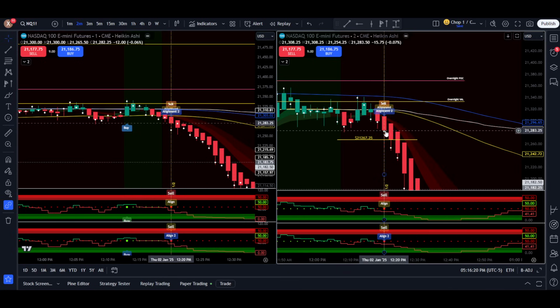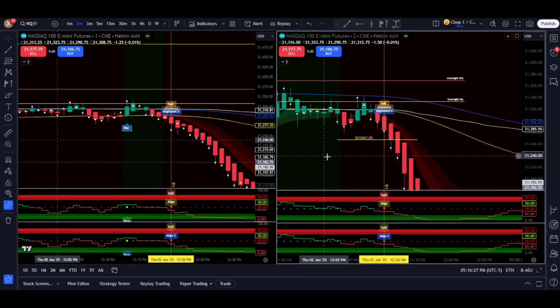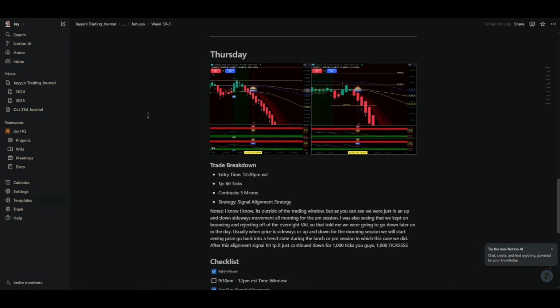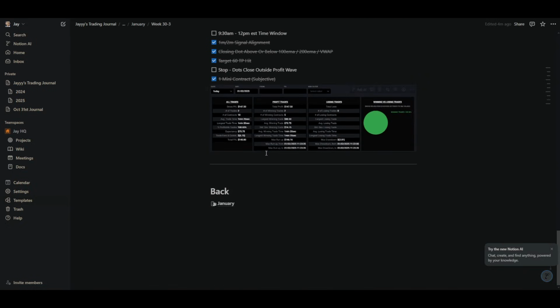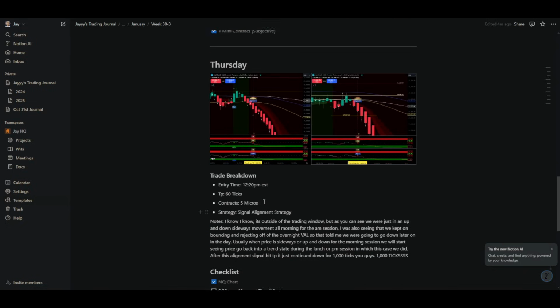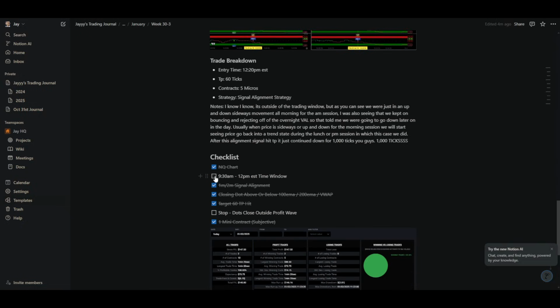That calls for a valid trade. I added this to the journal if you want to check it out. I have everything detailed. I unchecked this because it was outside of the time window, of course.